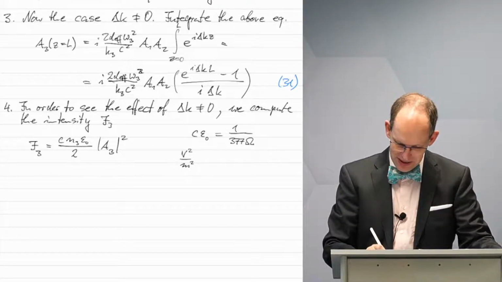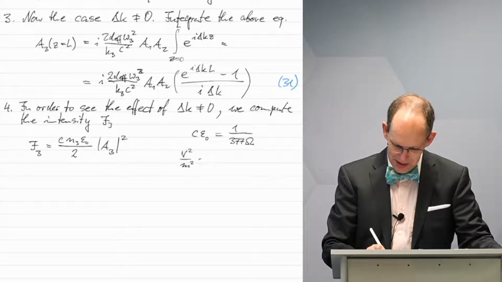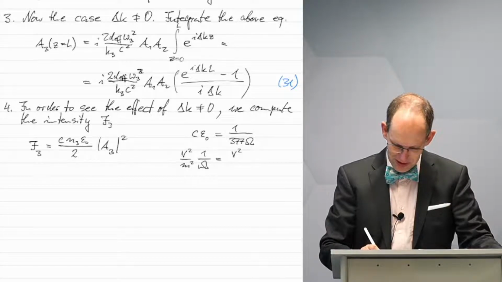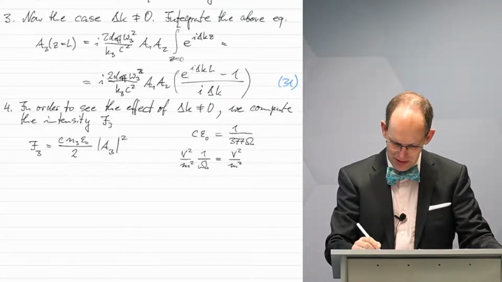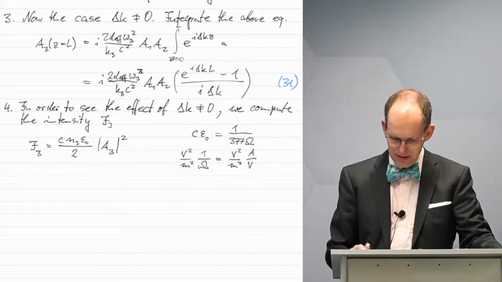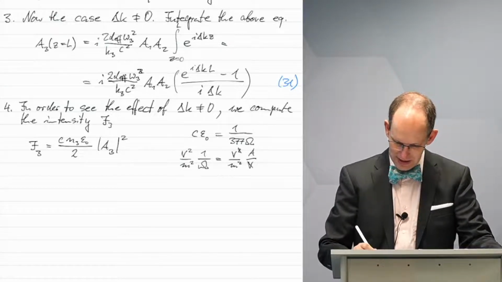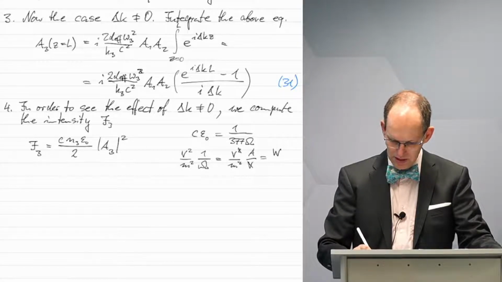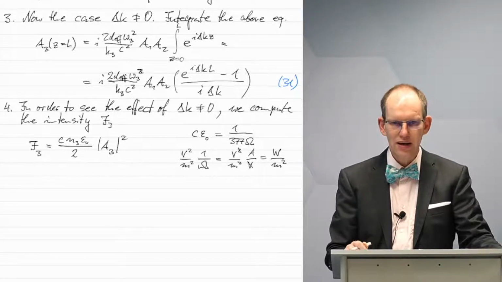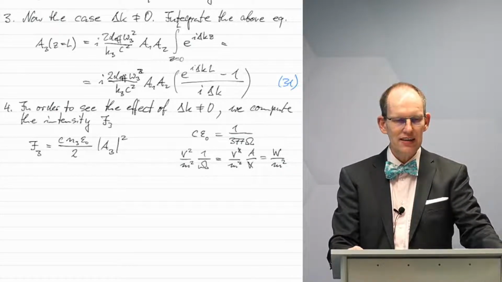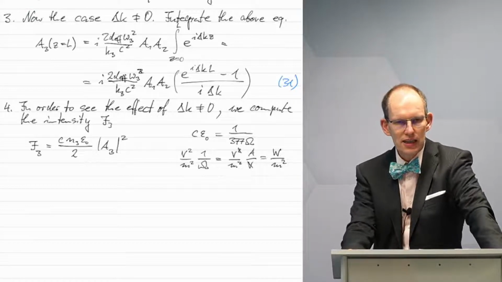Now if we divide by ohm, then we have volt squared divided by meter squared over ohm, so you see that this cancels. Then we have volt ampere, which is watt, per square meter. Here we are. And the 377 ohms, what is this actually?